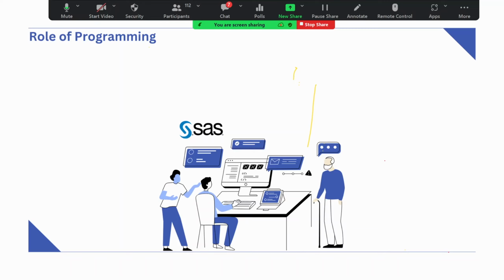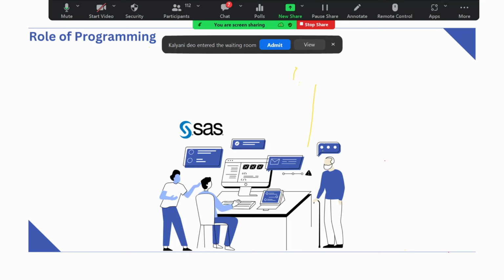Clinical trials generate huge amounts of data, which must be collected, stored, manipulated, combined, analyzed, and presented in a meaningful way. Programming is used in conjunction with the statistical software to carry out these tasks.